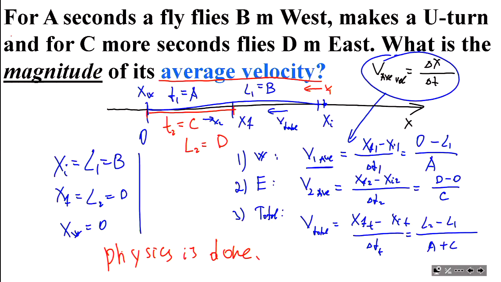When physics is done, only then, finally, what begins? Try to put in absolute values. The only thing absolute values do is just change the velocity from negative. You don't have to use it. I said if you want to. It's completely up to you. Mathematically, it's absolutely irrelevant. But some people just don't like negative numbers.